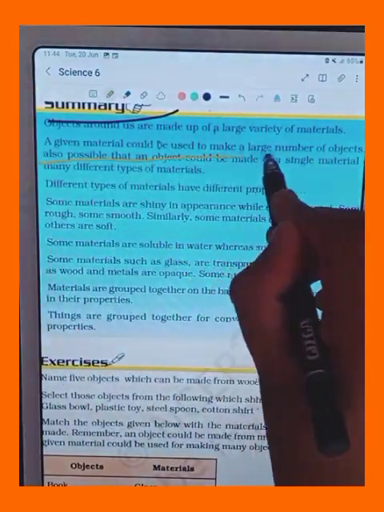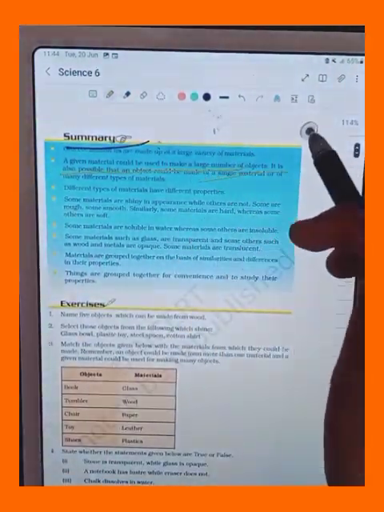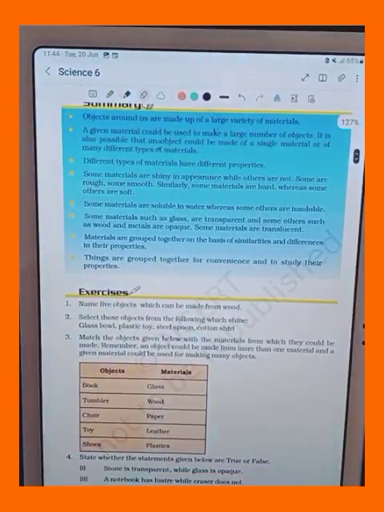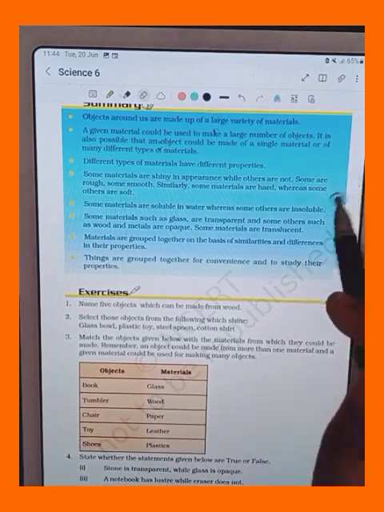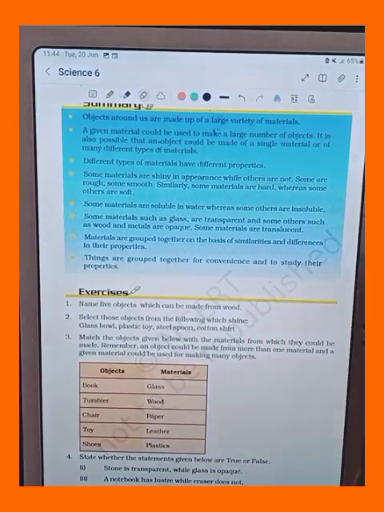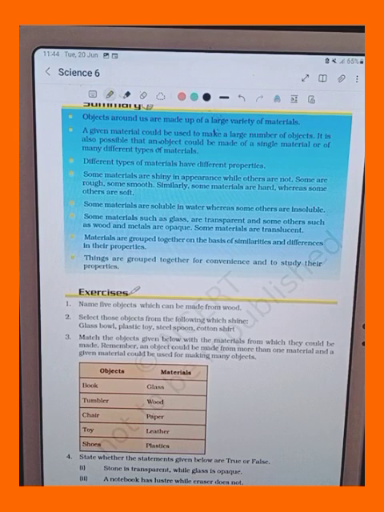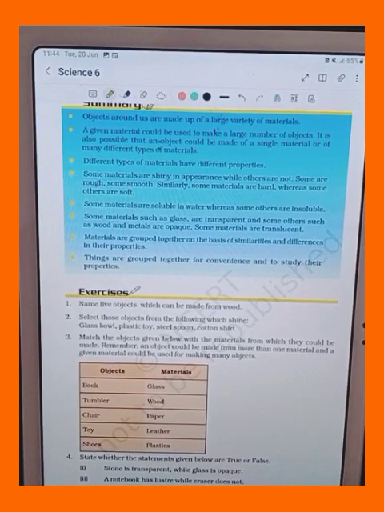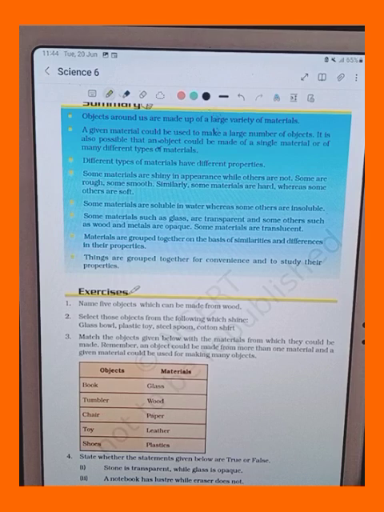An object can be made of a single material or many different types of materials. Different types of materials have different properties. Some materials are shiny in appearance while others are not. Some are rough, some smooth. Similarly, some materials are hard, whereas others are soft. Some materials are soluble in water, whereas others are insoluble.